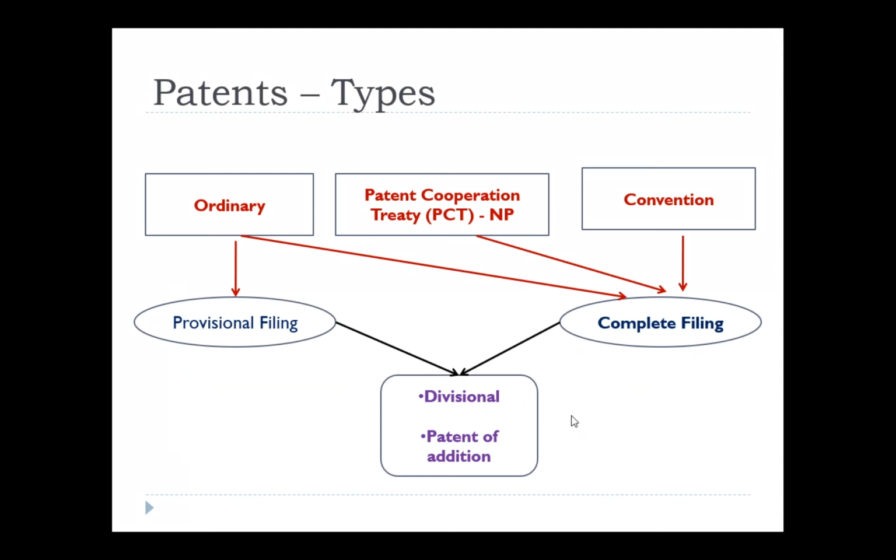An ordinary application can be of two basic types: one is provisional filing and another is complete filing, which we'll discuss in detail in the upcoming sessions. So the ordinary application is the first time we are applying in the host country, that is India.